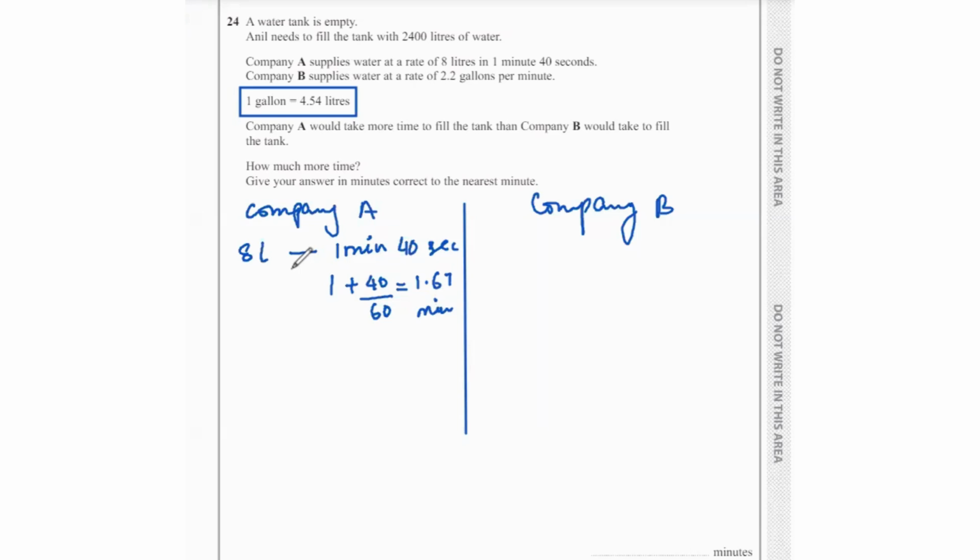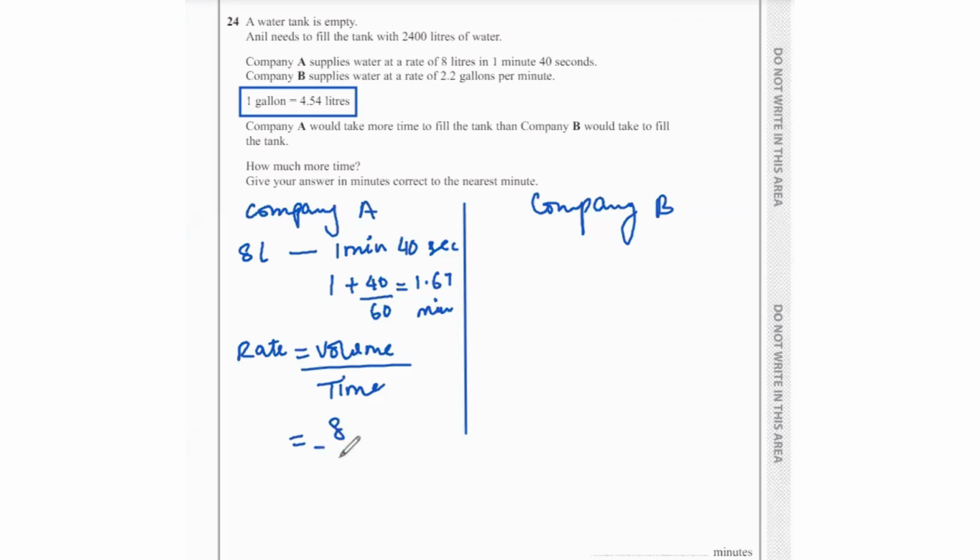Now what we need to do is find the time at which the entire tank will be filled by Company A. We know the formula for rate is volume per minute, or per unit time, basically.